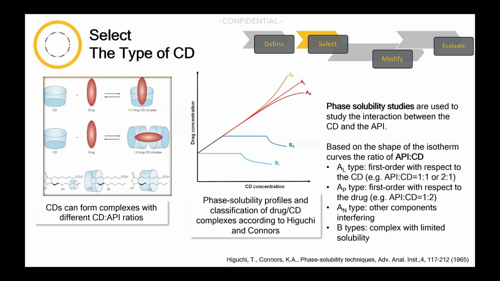With AL, which is the most suitable for formulation, it's increasing with the cyclodextrin concentration, and with the cyclodextrin derivatives, usually we see this one. So if the incorporation of the compound is feasible, then we will have an AL type of profile.